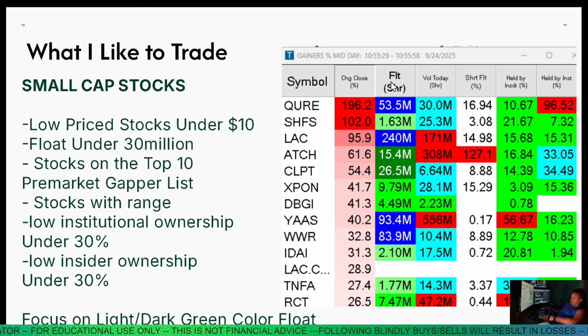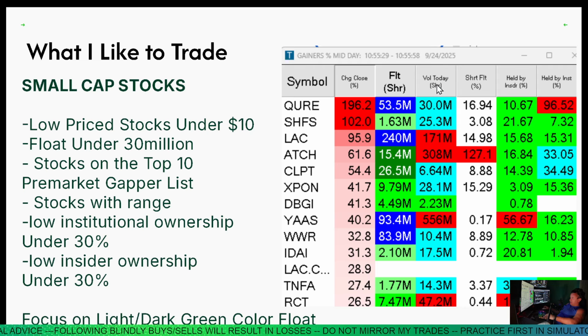My settings for Trade Ideas are available for purchase. What I like to do here is look at the light green and a little bit darker green, but if I get too dark, it's not good. I try to avoid the blue. When I see dark blue, that means a really dark sky, so I try to avoid that. That's kind of how I read the market.